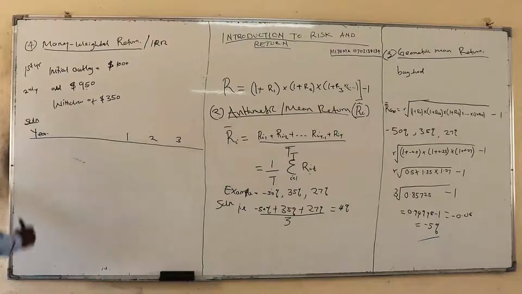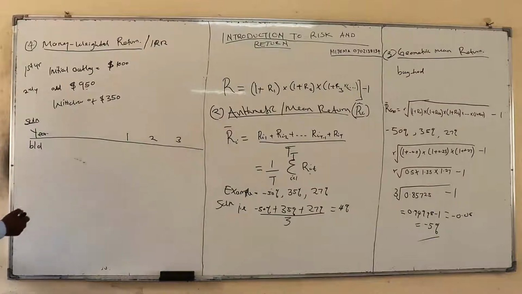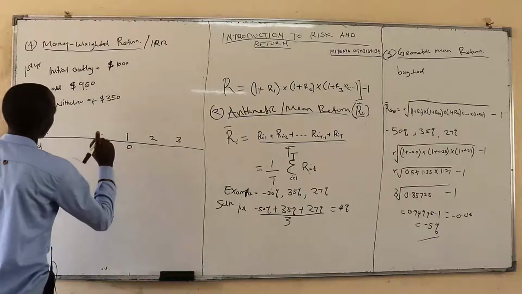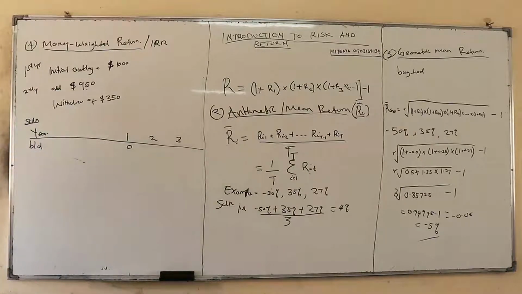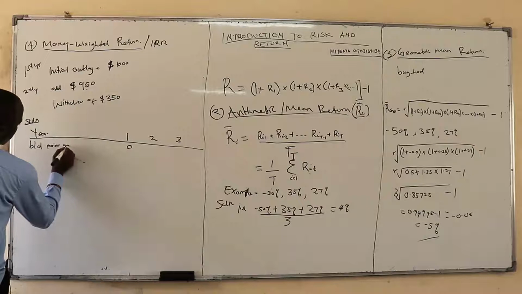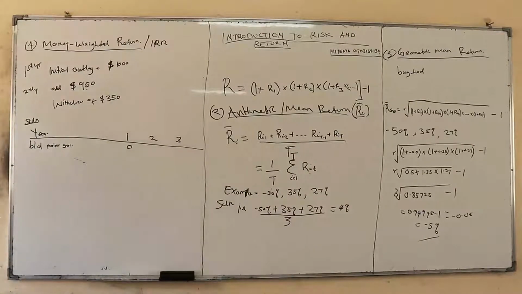So the balance rolled down from the previous year, in the first year, was 0, because this is the first time he's doing this investment in this mutual fund. The first year it will be 0, because this is the first time he's making an investment in this mutual fund.